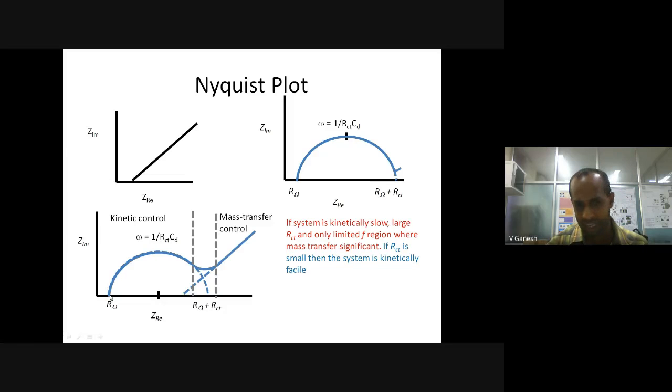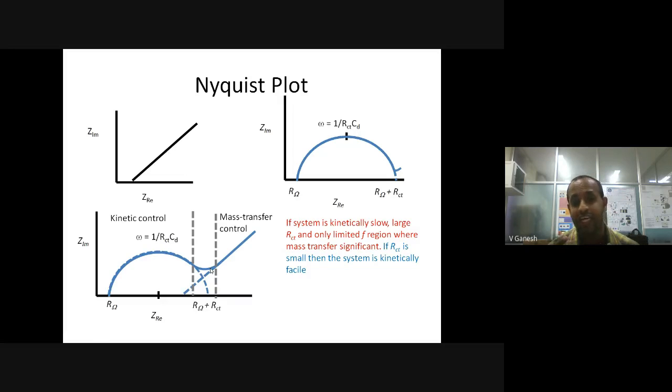When you go from high frequency to low frequency, there is a change from a charge transfer controlled process to a diffusion controlled mass transfer process. The frequency at which it switches over from charge transfer to mass transfer is called the knee frequency, and the corresponding time constant is called tau naught.